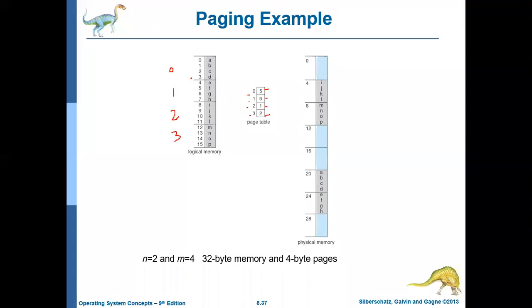So 0 is going to 5. 0 means this particular page. This is going to be the fifth location, we can say. The fifth location will be here. The offset numbers are shown here; otherwise, we can directly say that this is 0, 1, 2, 3.